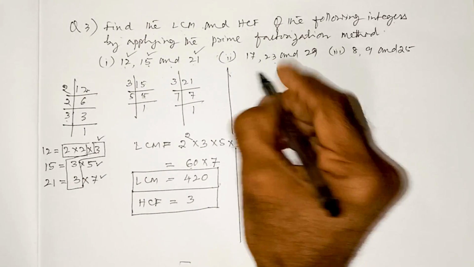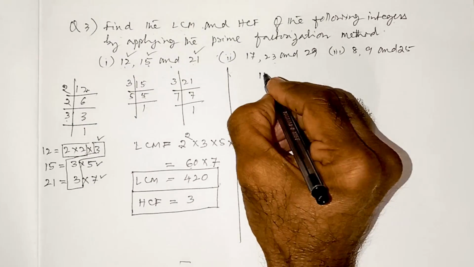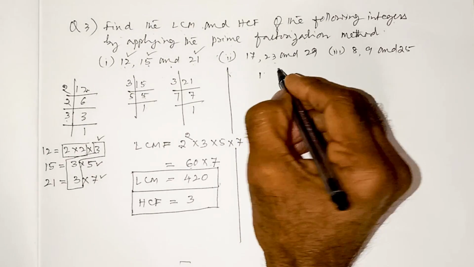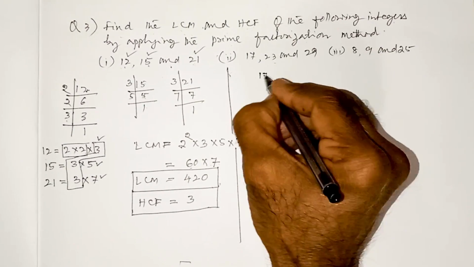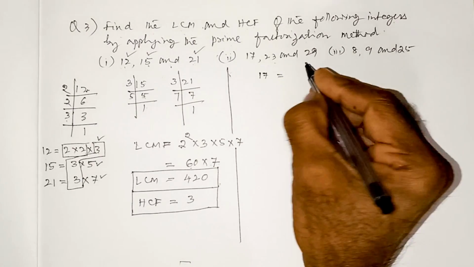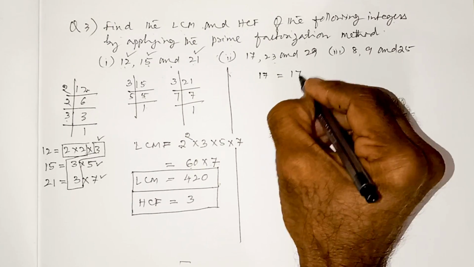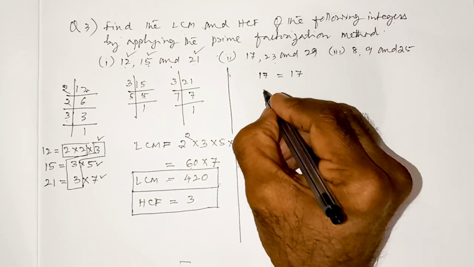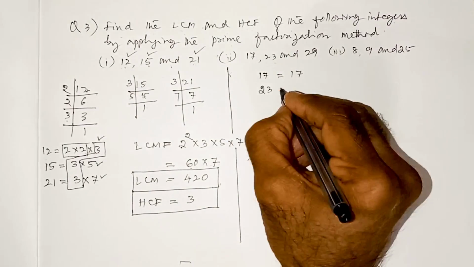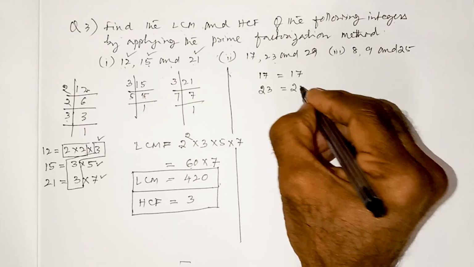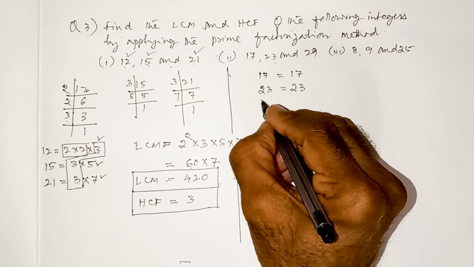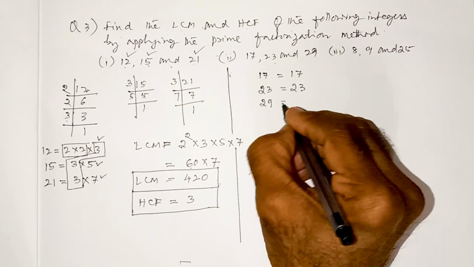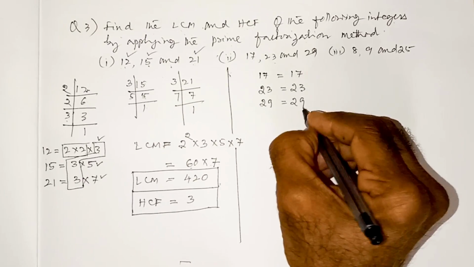Here again we go for 17. 17 is a prime number, so 17 does not have more factors except 17 itself. And then 23. 23 is again a prime number. You cannot get more factors. Write down 23 as it is. 29 again is a prime number.